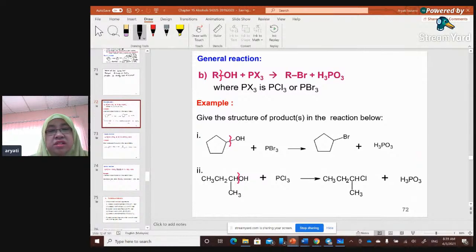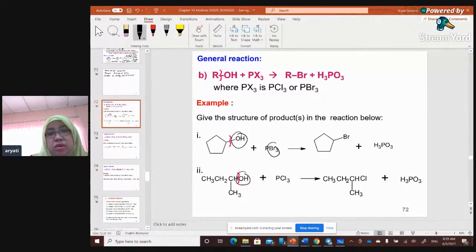Okay, so general reaction. So if you have an alcohol react with this PX3, OH substitute with halogen, produce RBr and H3PO3. So OH substitute with Br, so dapat 1 bromo cyclopentane.